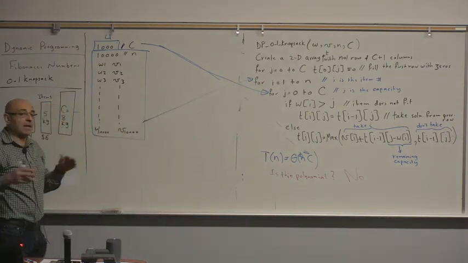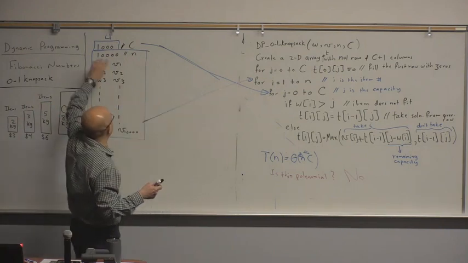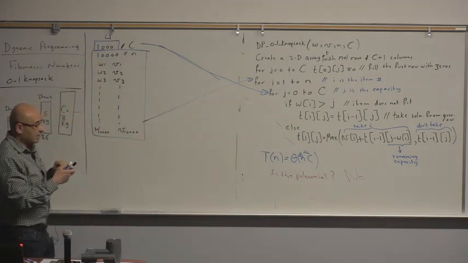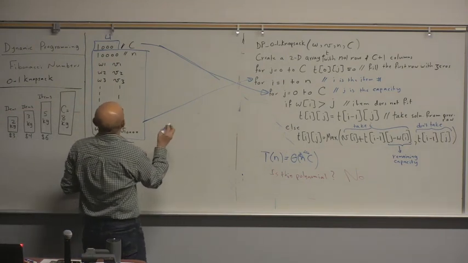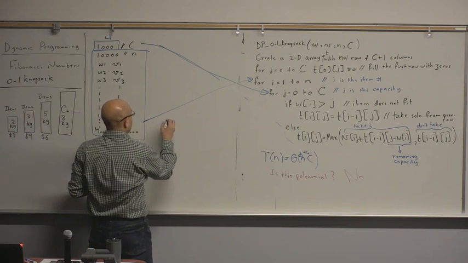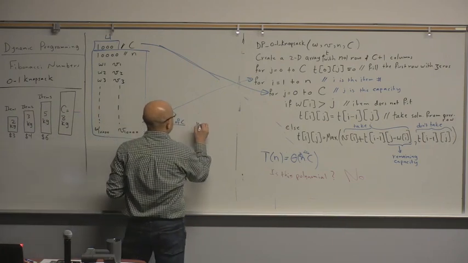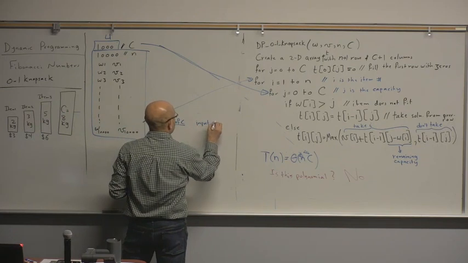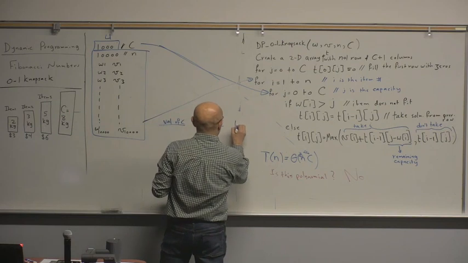We do not have a big amplification factor, but here we have a big amplification factor because this is just a number. So if you draw a table like this, the value of C, and here input size, and here loop iterations.